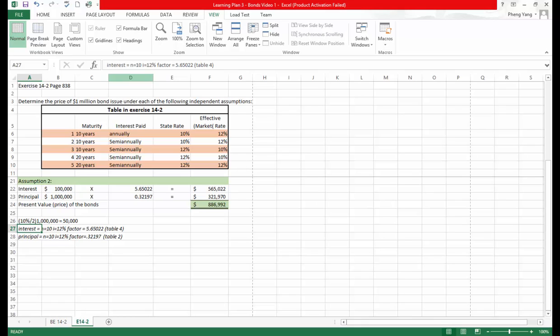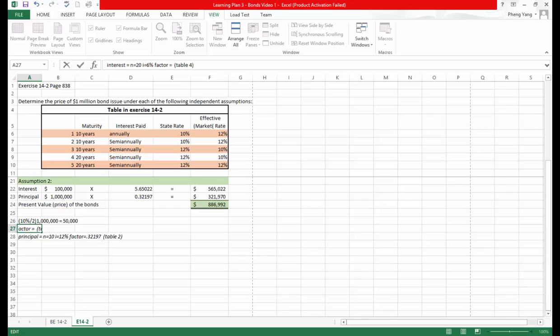Number of payments is going to be 20 instead of 10, because if you take 10 years and calculate interest twice a year, that's 20 periods. Then your interest will be at 6% instead of 12%, because it's calculated twice a year.